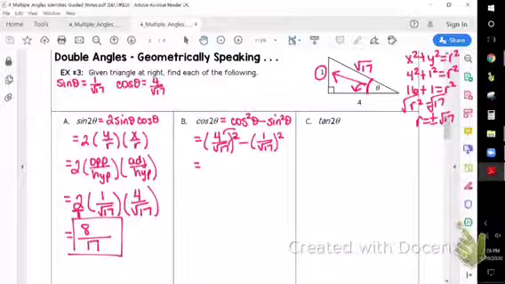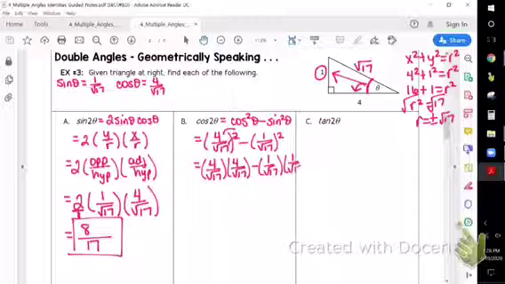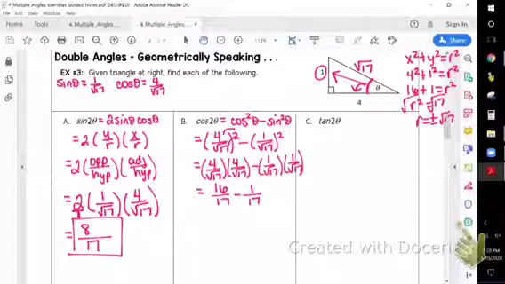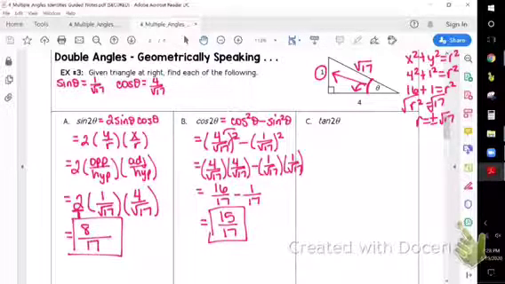Either way. So the first, I'm going to go ahead and just write it out twice though, because if all else fails, this is the best way to do it. So we get 16 over 17 minus 1 over 17, because you multiply fractions straight across, which gives us 15 over 17 for cosine of 2 theta.